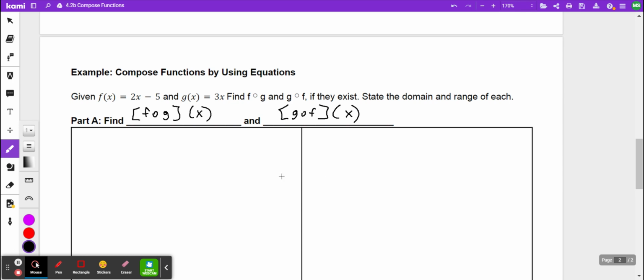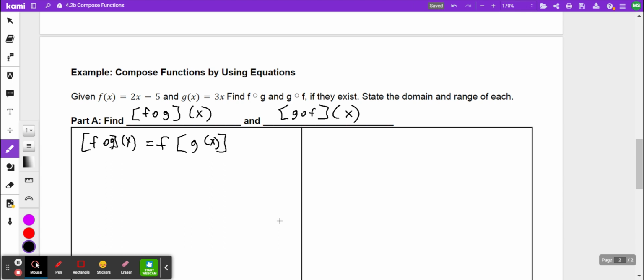So basically, we're saying, hey, take this g of x, and figure out what g of x is and put that inside f of x.